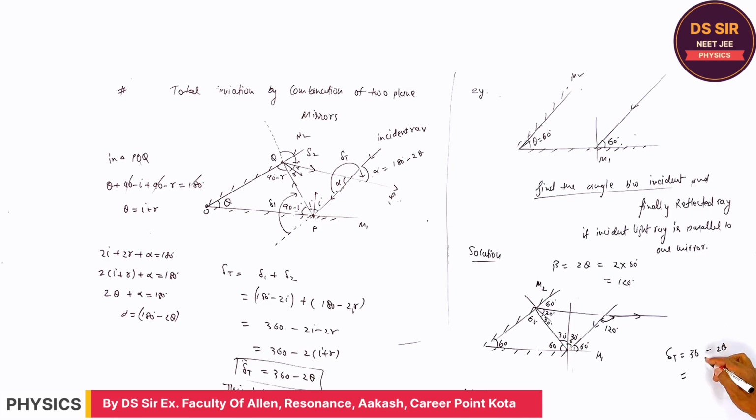In your book only the deviation formula is given; the angle between the incident ray and the finally reflected ray is 2 theta. You have to understand. And the deviation is 2 into 60, which is 240 degrees. Although this is the deviation in one direction, in the other direction 120 degrees may also be written. Copy this.